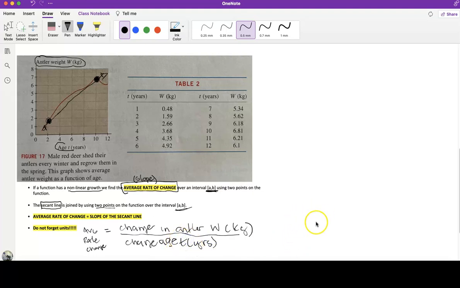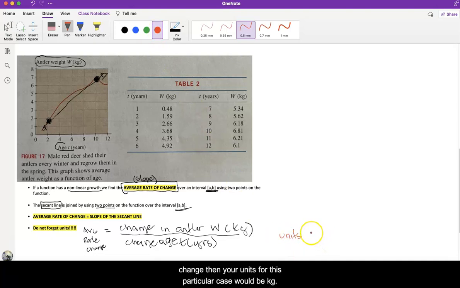And so when we're talking about the average rate of change, then your units for this particular case would be kilograms per year.